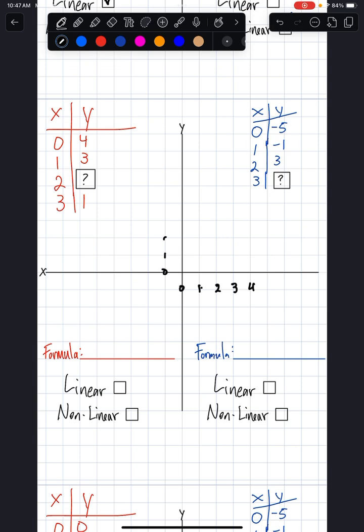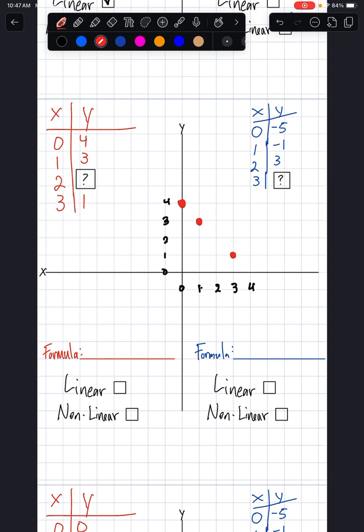These are just the y values and the x values for the lines, just for a visual. Okay. So at x0, we get y4. At x1, we get y3. x2, you guys are going to have to answer that. And then x3, we get 1.